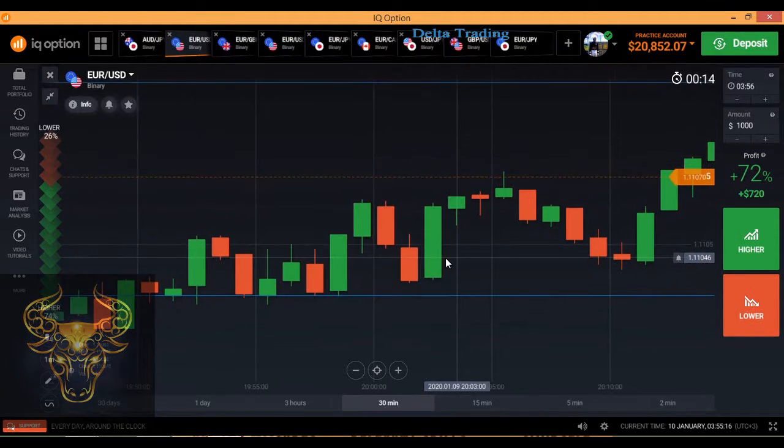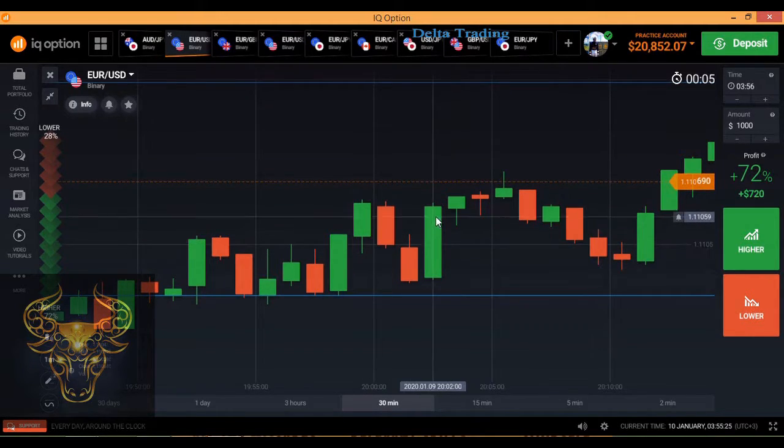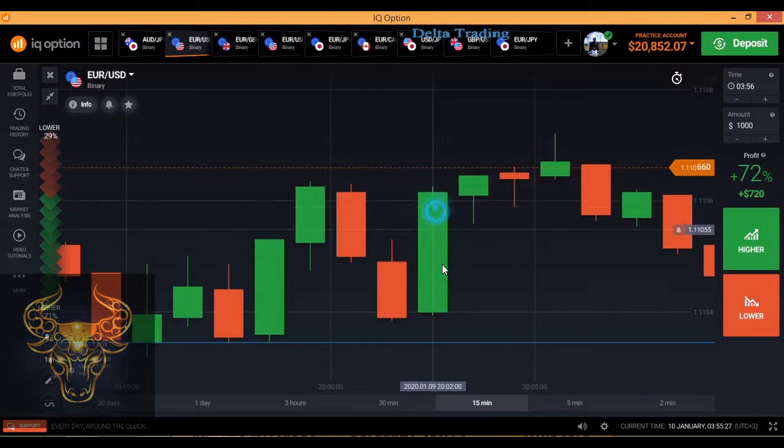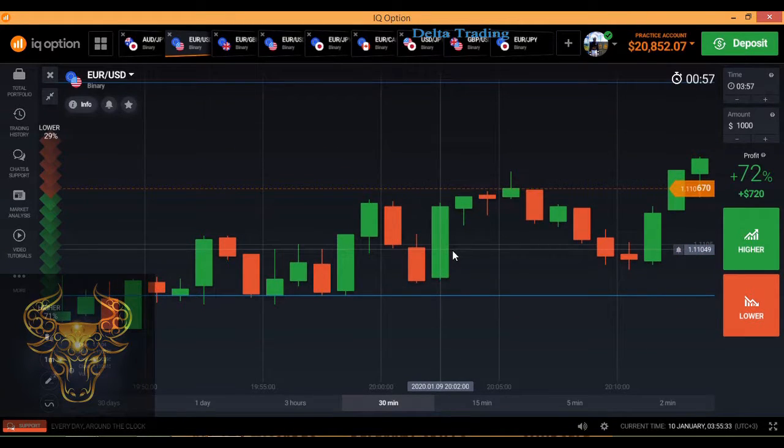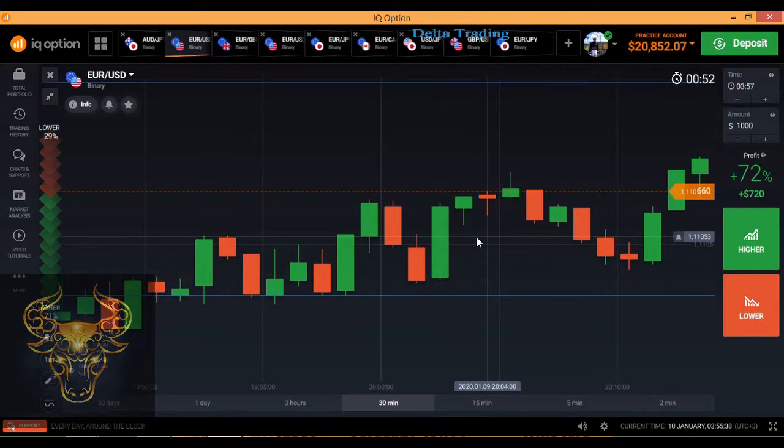If the market is healthy, you can see that the candles are big and have less wick. If the candles are healthy, you expect that the price action, the psychology of every candlestick, will follow.